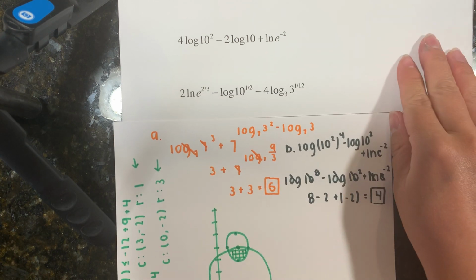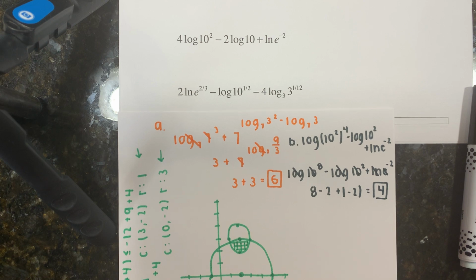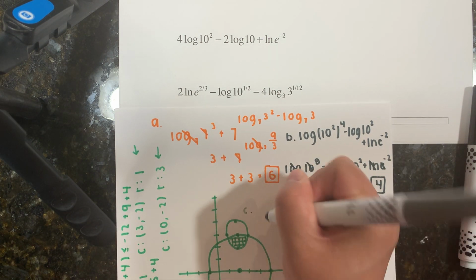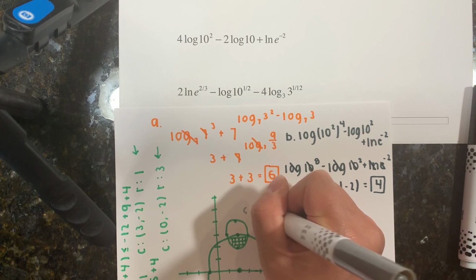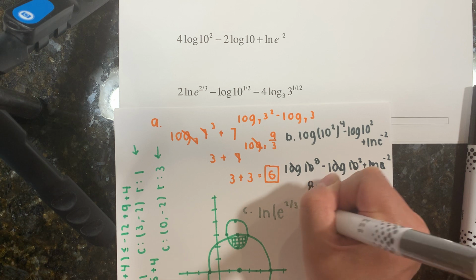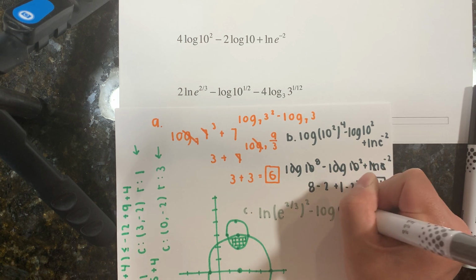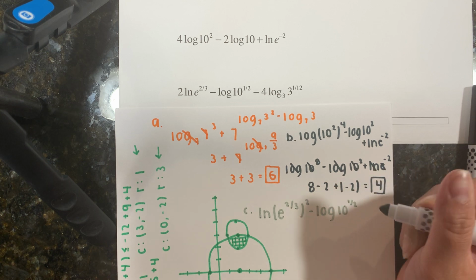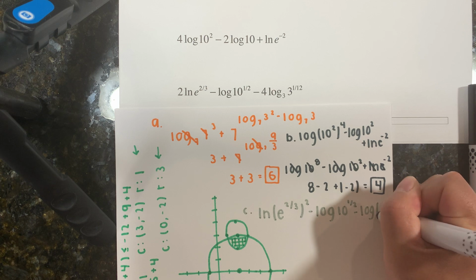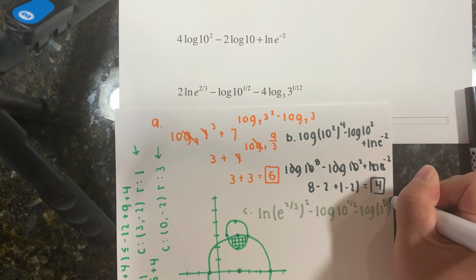Now, lastly, I'm looking at this one right here. Again, I have a number outside my log or my natural log. So C, we're going to do ln e to the 2/3 times 2, minus log 10 to the 1/2, and then minus log 3 to the 1/12 to the power of 4.